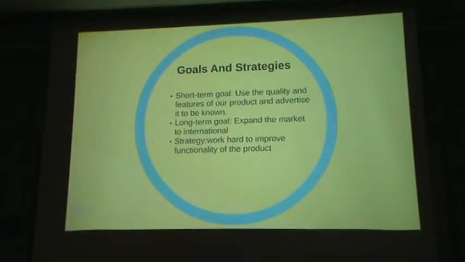Our strategy is to work hard to improve the functionality of the product and get more functions for the gas and for the smoke. Now we have just 3 functionalities: the LPG, the CO, and the smoke. We can get more, like methane and other gases.